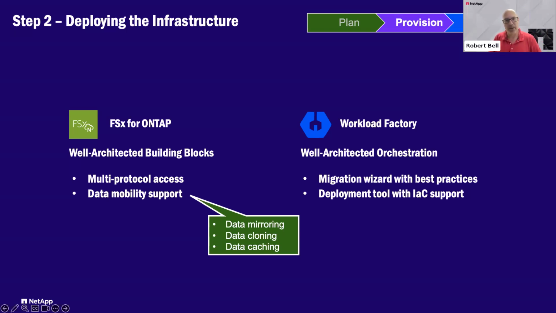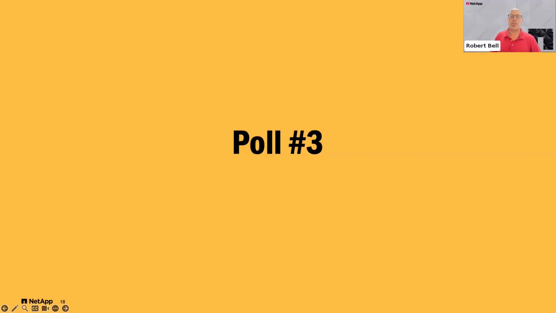So before we go on to the final stage, we wanted to ask you another question. So here comes the third poll. And this poll is about, I think once you've got everything up and running, then it's not over. Then the users start using the information, the infrastructure.